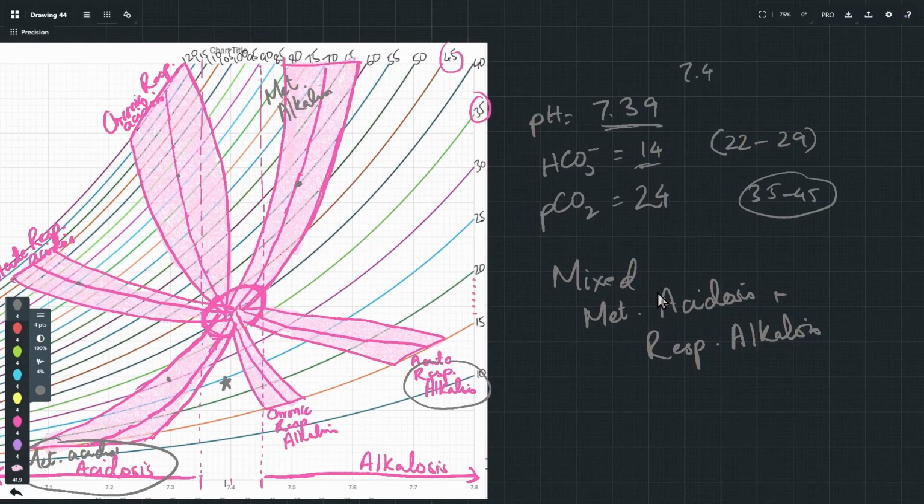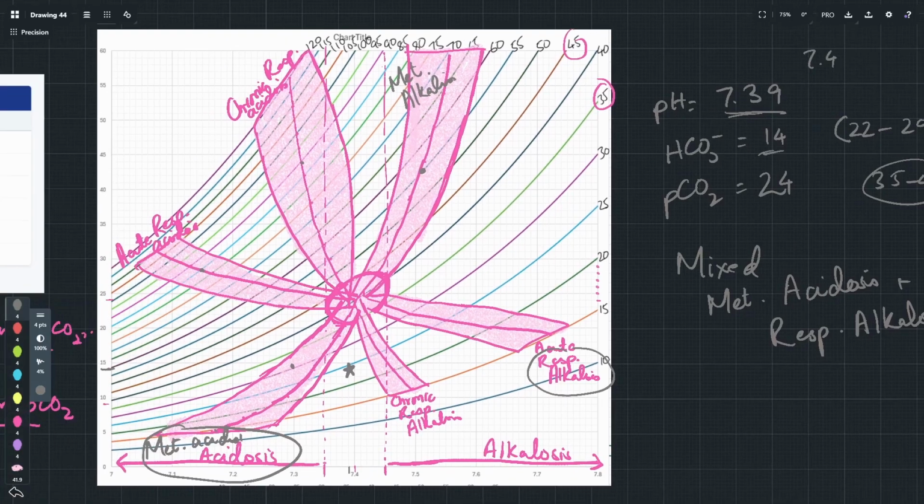We do not need this Davenport diagram actually, but it makes your life easier. In exam, you might not be given this Davenport diagram, so I will teach you how to do this without it, but that will take a little bit longer.